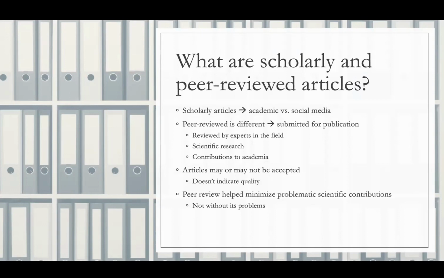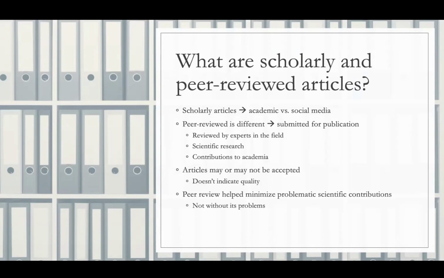Now, just because it's submitted for publication, even if it's a really good article, it may or may not be accepted. It does not indicate the quality of the article. So let me break this down: if it's been peer reviewed and accepted for publication, it is likely solid and sound.